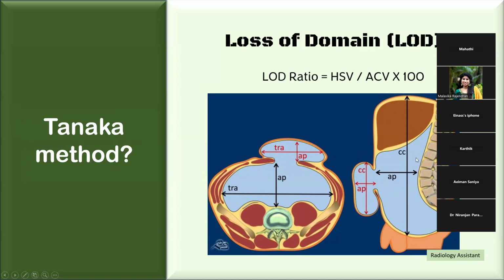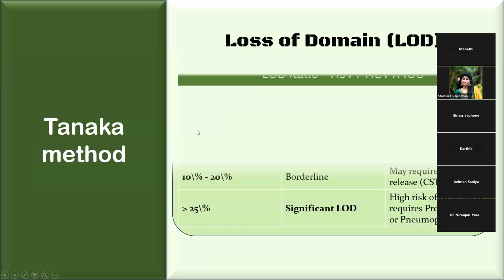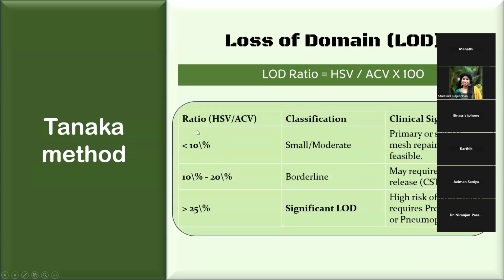You measure it with, of course, nowadays software, but you can also have a formula to get the volume. So you have the LOD ratio, which is hernial sac volume divided by abdominal cavity volume expressed as a percentage, as I said. And this is your actual index.